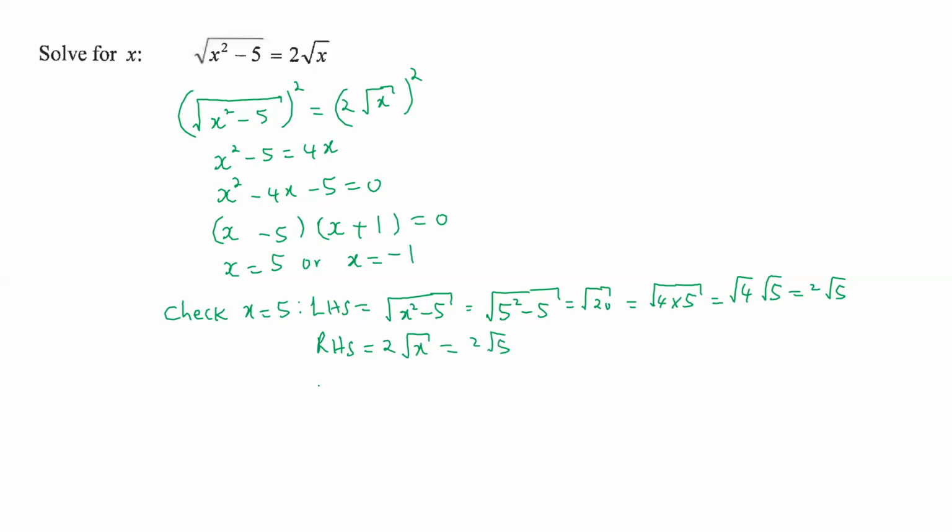And therefore, now we can see that the left-hand side is equal to the right-hand side, which equals 2 square root of 5 there. And the conclusion is that hence x equals 5 is a solution to the original equation.